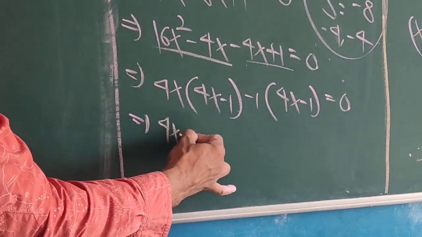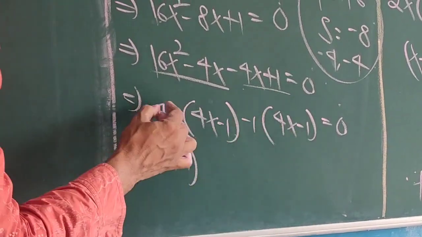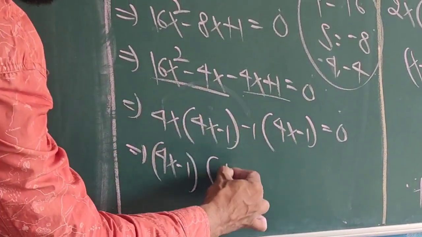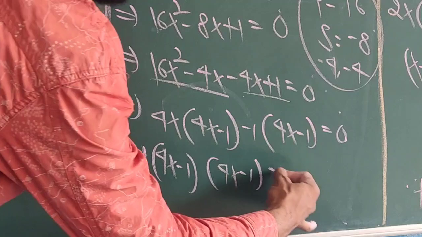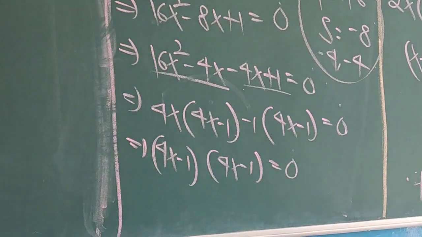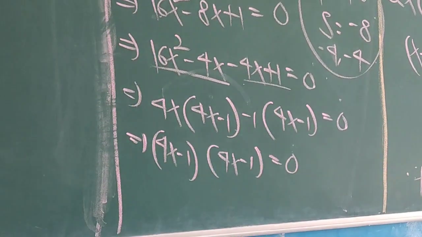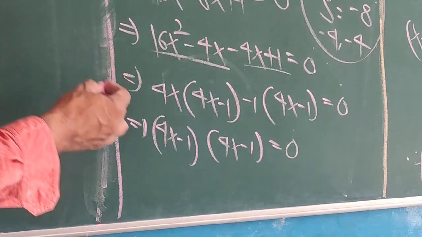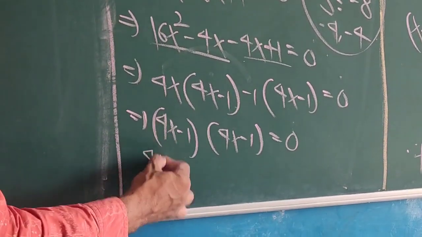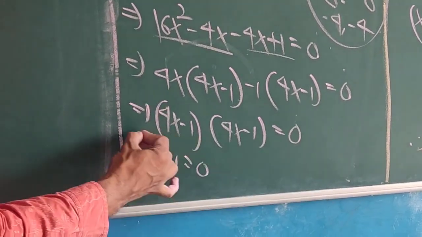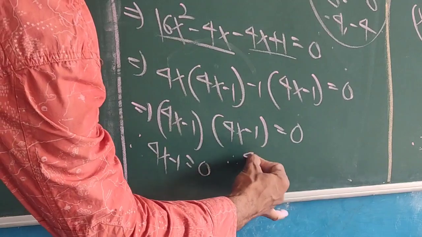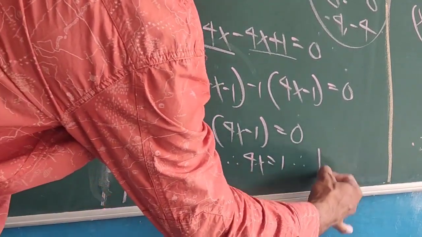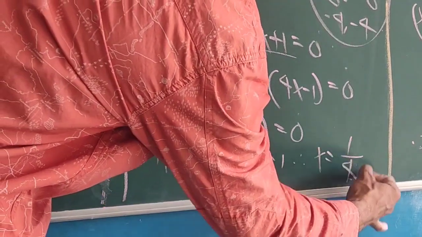Now the common factor is 4x minus 1 and the remaining factor is also 4x minus 1. Now we put the factors one by one equal to 0. When we put 4x minus 1 equal to 0, therefore 4x is equal to 1, therefore x equal to 1 by 4.